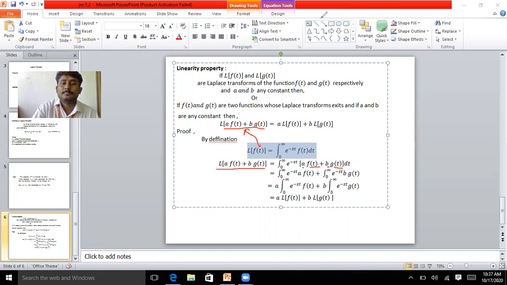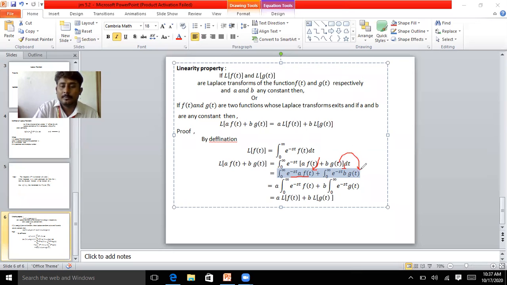When we solve this and separate the terms, we get the integral from 0 to infinity of e to the power minus st a f(t) dt plus the integral from 0 to infinity of e to the power minus st b g(t) dt.